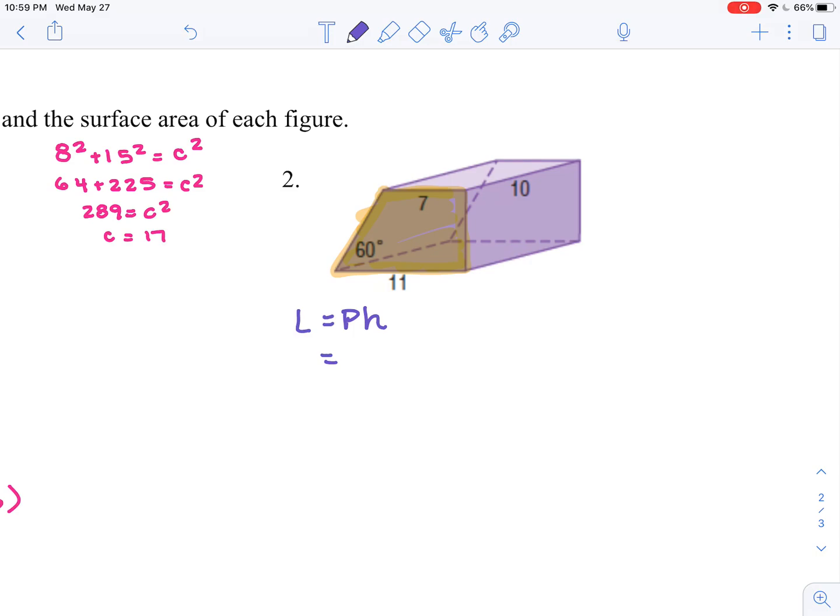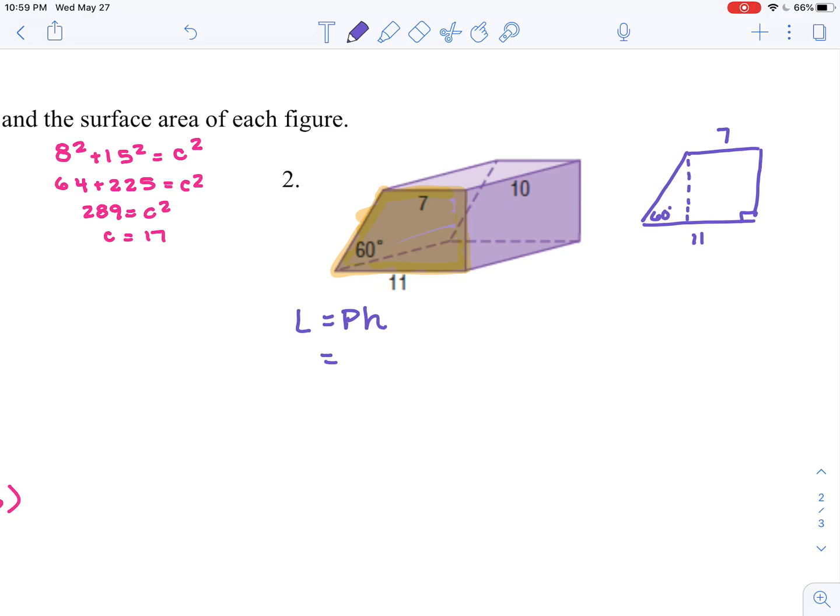So if I look at our base, the trapezoid here, we only have 2 of the sides, but we're given the 60-degree angle on the side. I'm going to redraw just that trapezoidal base so that we can see it better. So here the bottom is 11, top is 7, and the 60-degree angle is this angle here.